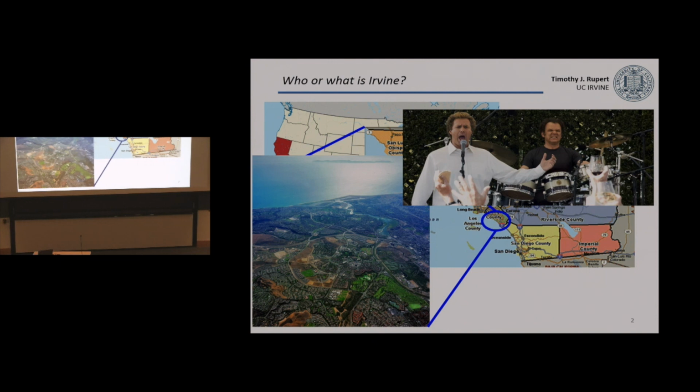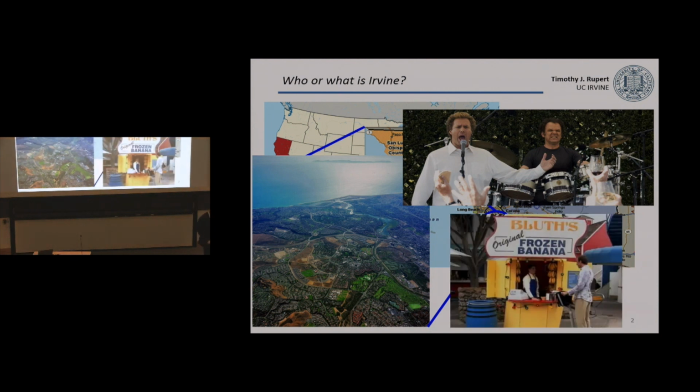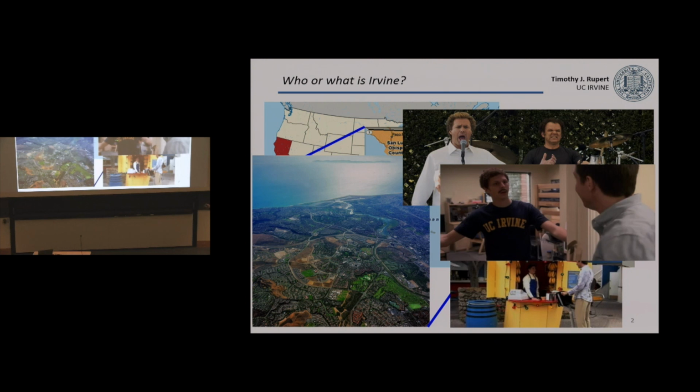And then the other thing you can notice on this map is just towards the coastline is this area, Newport Beach. So this is where Arrested Development was. This is where the frozen Bluth banana stand was. There's no Bluth stand, but there actually are frozen banana stands there, all right? But more importantly, when this guy, George Michael, went to college, he chose UC Irvine, right? So, and a great mustache, too.